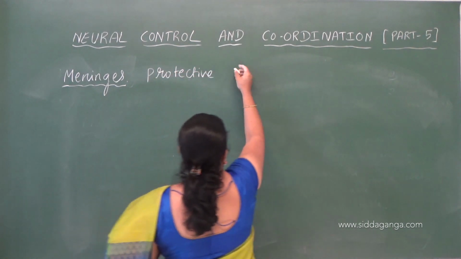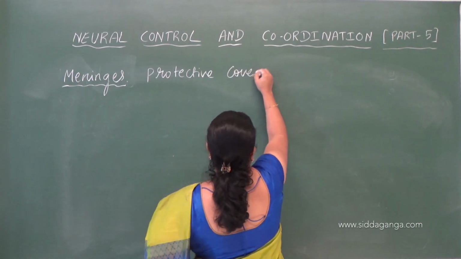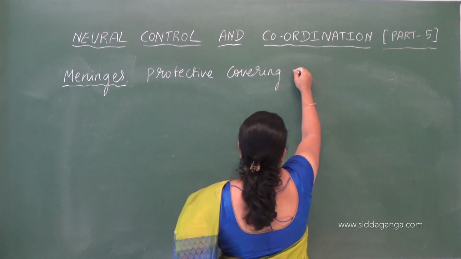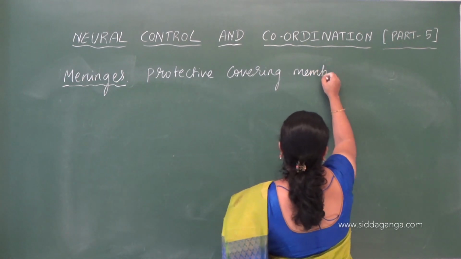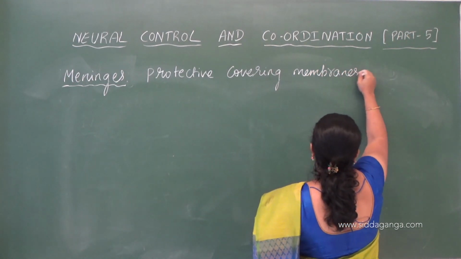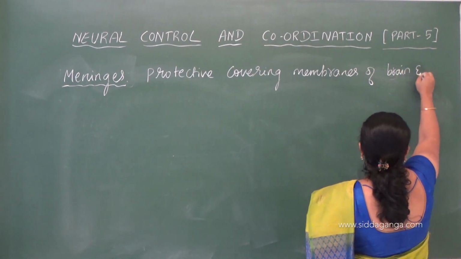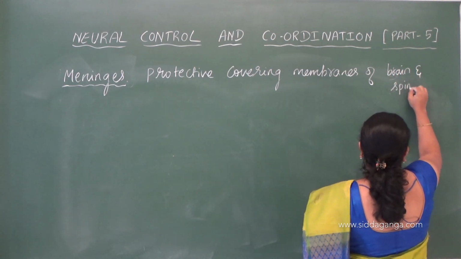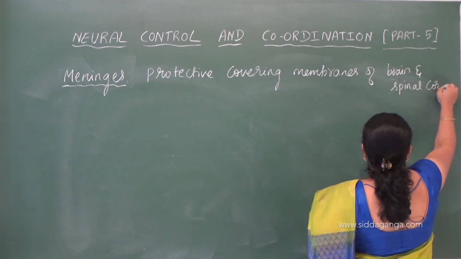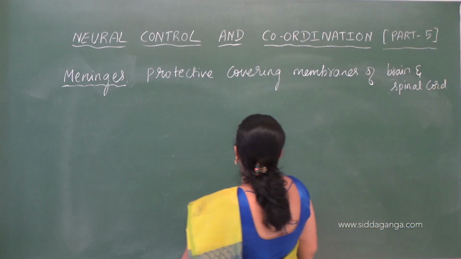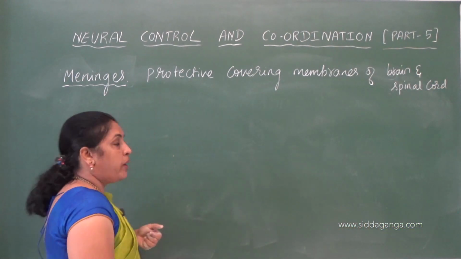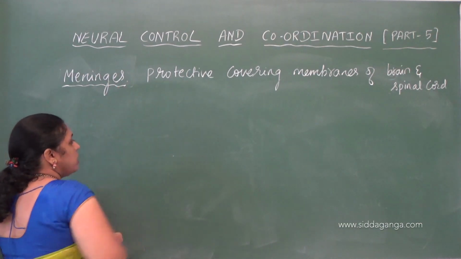Protective covering membranes of the brain and spinal cord are called meninges.